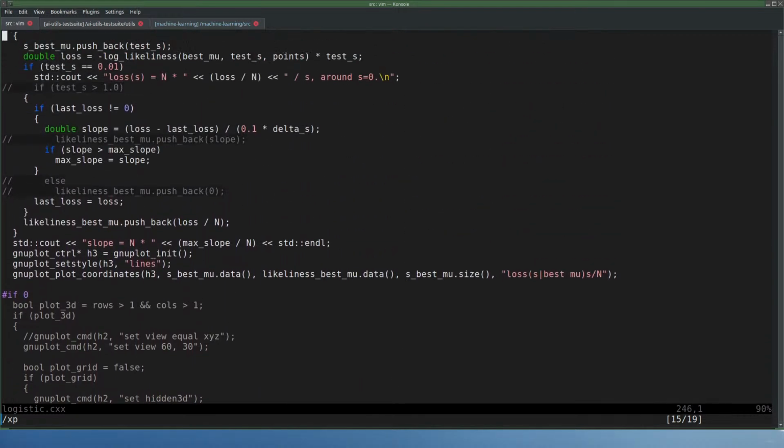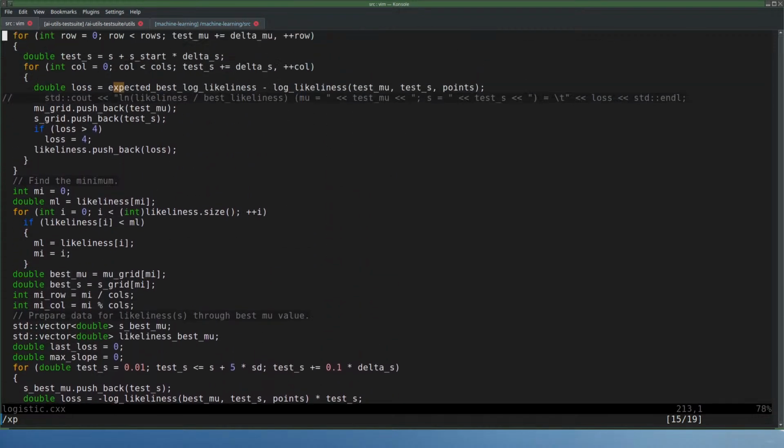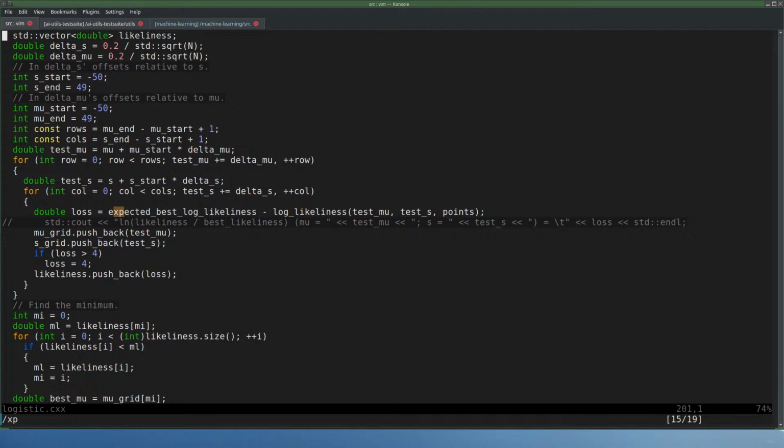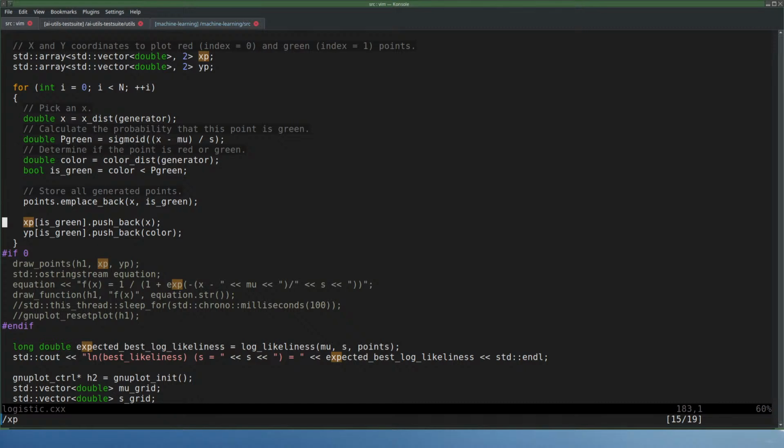They are not used. I'm just printing them.